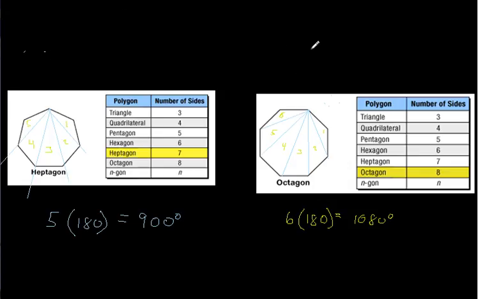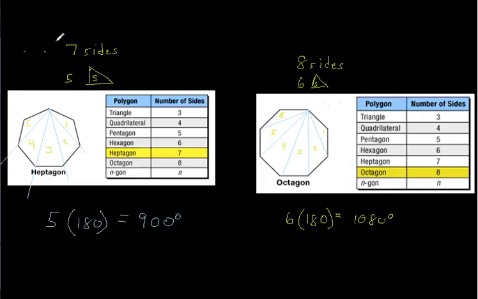So an 8-sided figure has 6 triangles, and a 7-sided figure has 5 triangles. Do you see a pattern here?